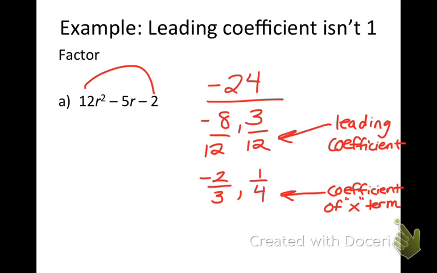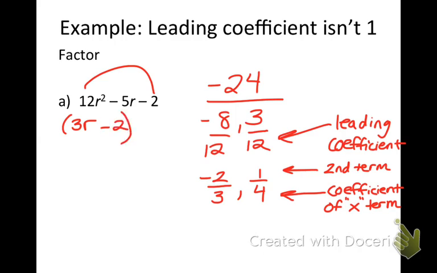And then your numerator is going to be your second term. So if I work on the first fraction, start on the bottom. This is going to be the coefficient in front of our r, so I'm going to get 3r, now work your way to the top, minus 2.